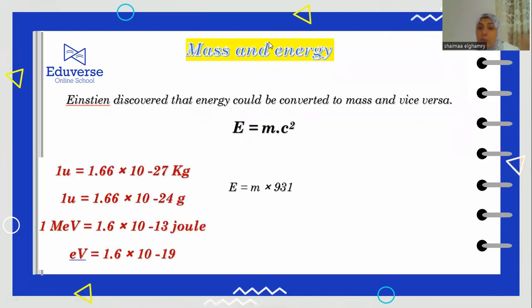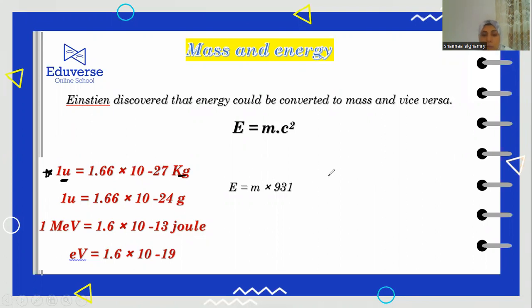Here we have some conversions that you should memorize very, very well. The most important is converting between atomic mass unit and kilogram. To convert 1 atomic mass unit to kilogram, you should multiply by 1.66 times 10 to the power of negative 27 kilogram.